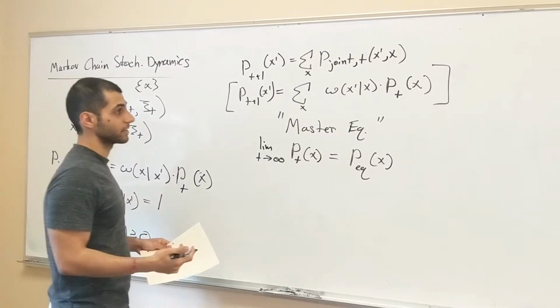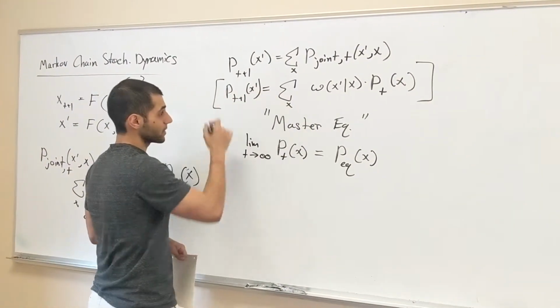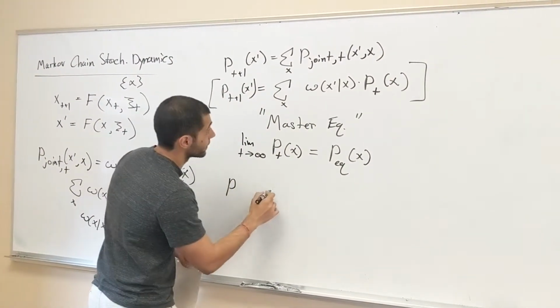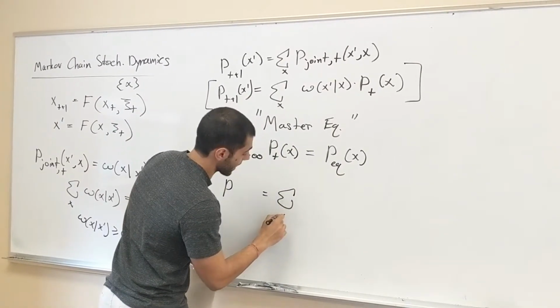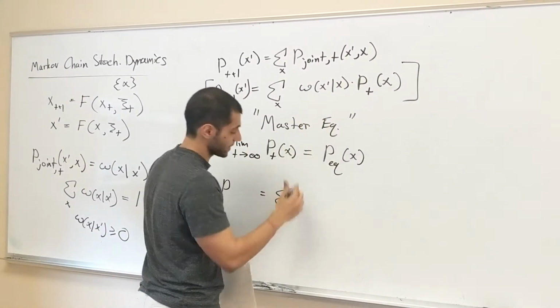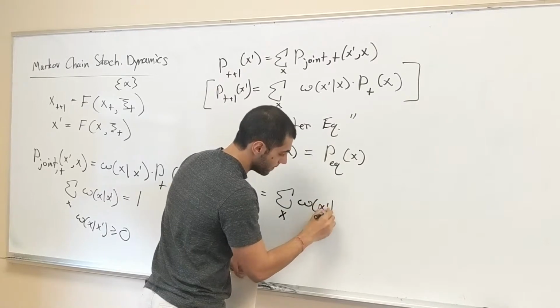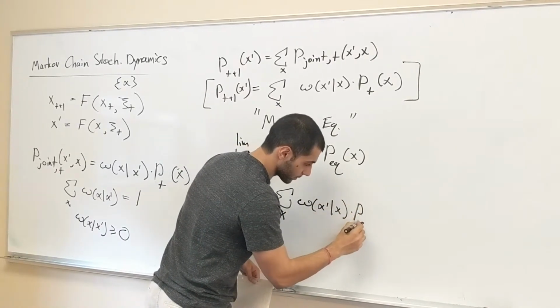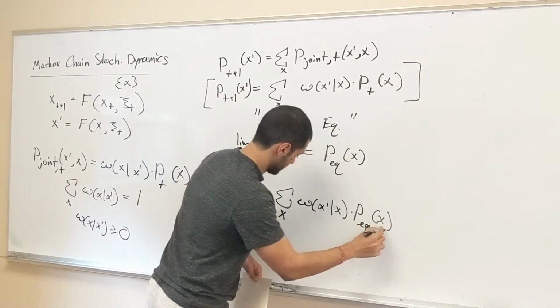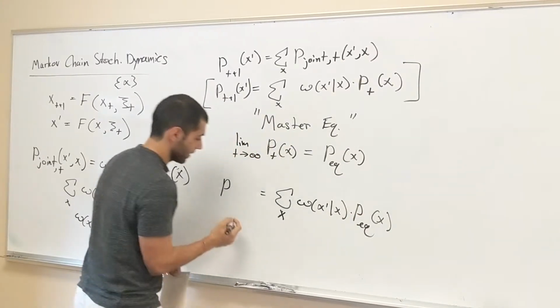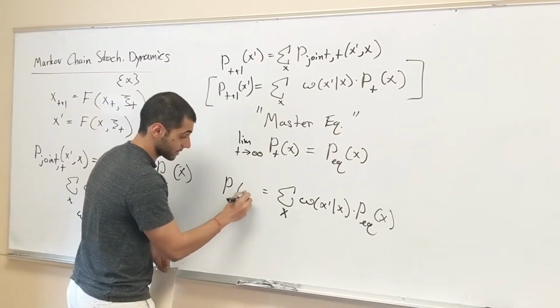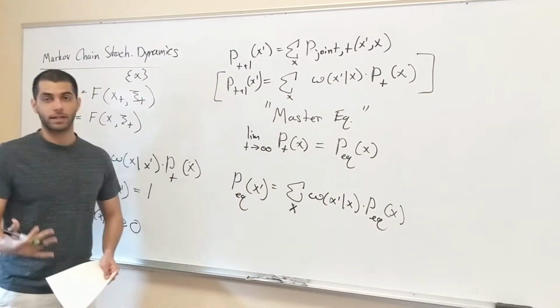In other words, what we're asking is that, given this equation, if you have at some time t an equilibrium distribution, will you get back the same distribution, but like a new configuration?